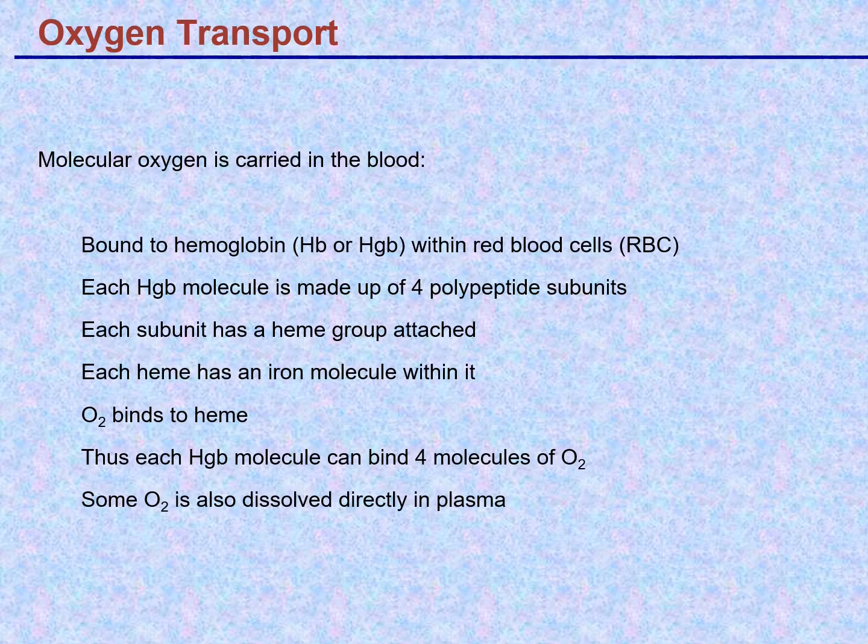Okay, in terms of oxygen transport around the body, molecular oxygen is carried by the blood. It's bound to hemoglobin in the blood within the red blood cells, and as you know, or should know, each hemoglobin molecule is made up of 4 polypeptide subunits. These are polypeptide strands held together in the hemoglobin molecule by non-covalent bonds, and therefore it's called subunits.